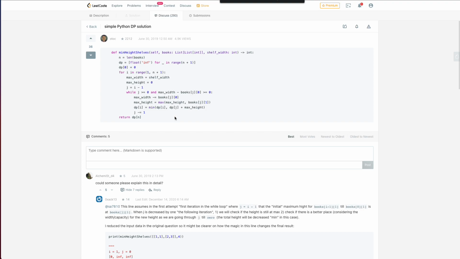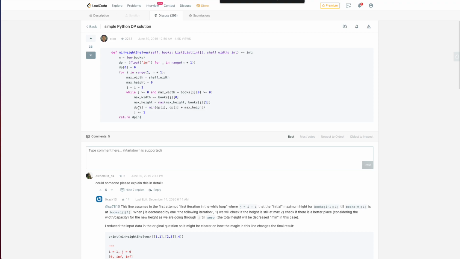If I'm at book I, why do we exclude book I's height from max height? dp of I, meaning, oh, dp of I is book I minus 1, which is book J. So I see. That's why. Because I here is really book J. Well, I minus 1.